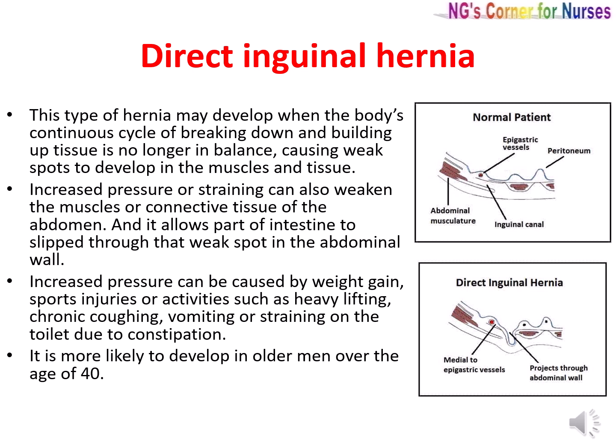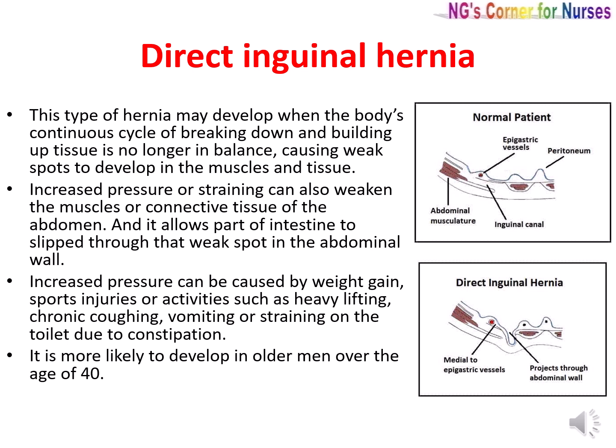Next is direct inguinal hernia. This type of hernia may develop when the body's continuous cycle of breaking down and building up tissue is no longer in balance, causing weak spots to develop in the muscles and tissue.